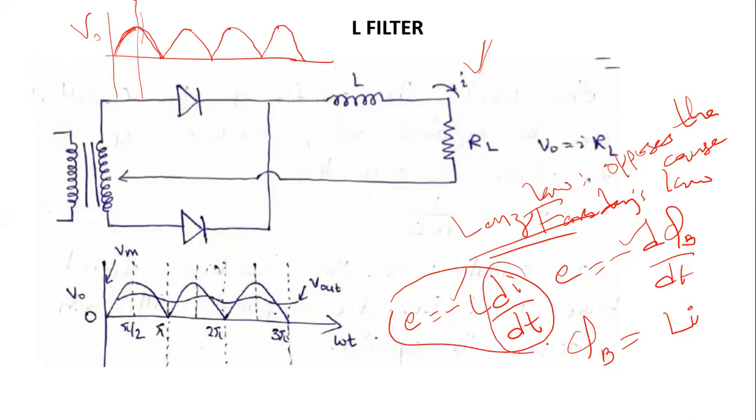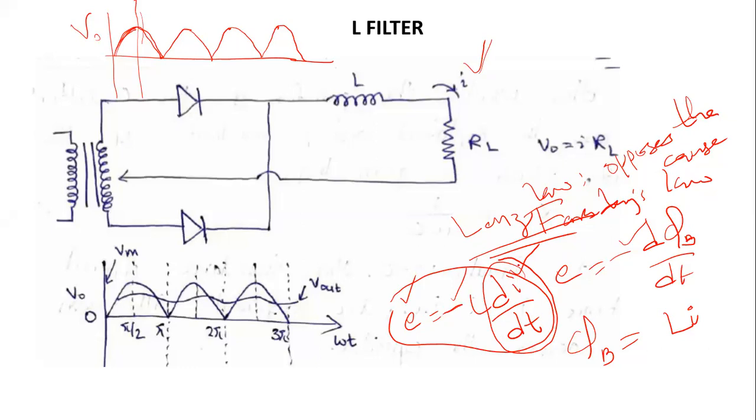Because of the change in current, di upon dt, there will be an induced EMF. So the induced EMF, as you see, is opposite to the cause. It opposes the cause. That means the induced EMF will have a direction which opposes the cause.